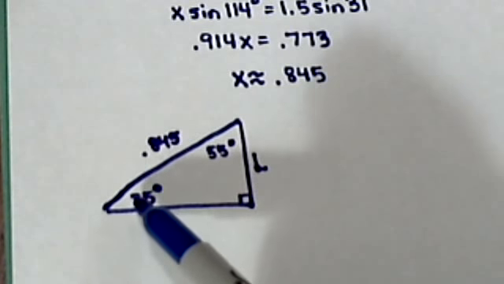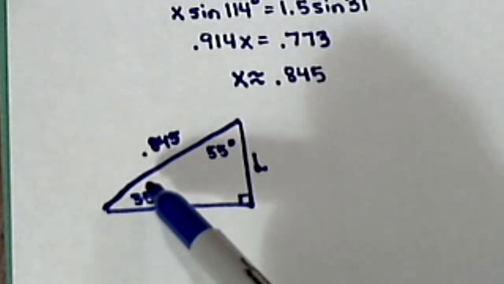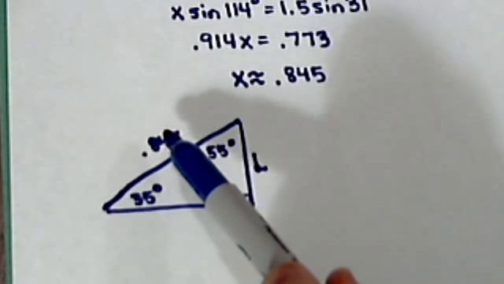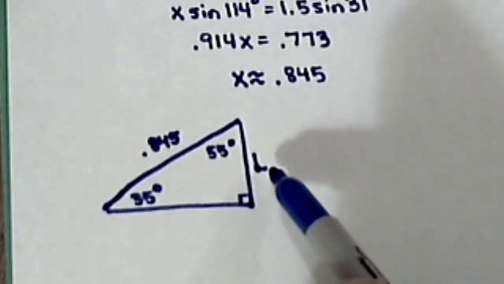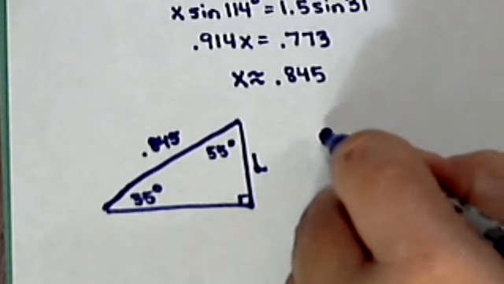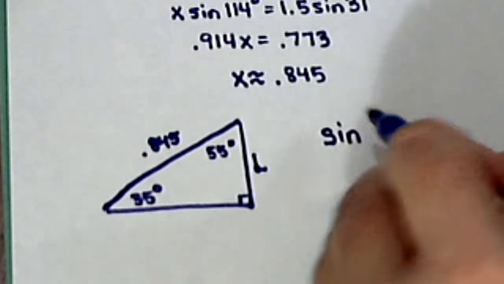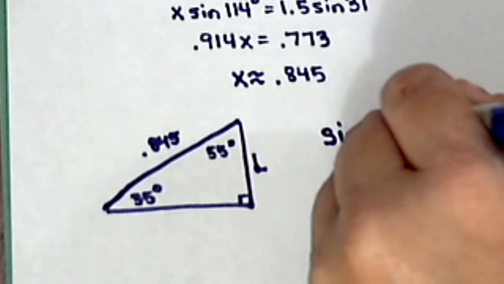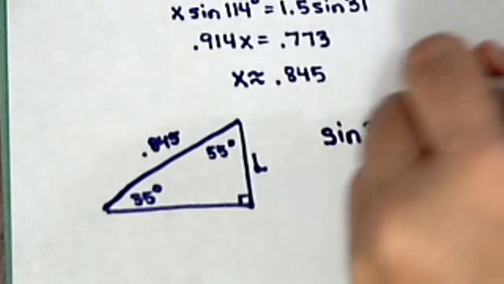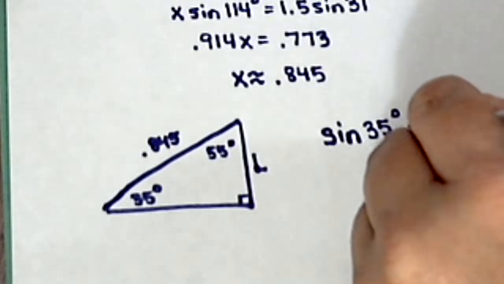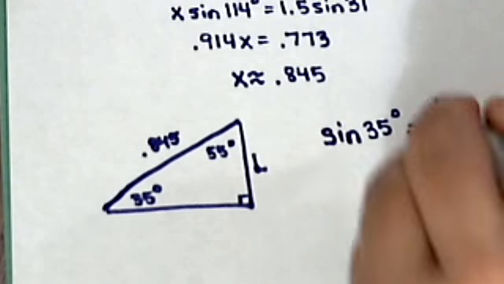So let's see what we have. We've got 35 degree angle here. We've got the opposite, and we've got the hypotenuse. So this is the sine. So we're going to have sine 35 degrees equaling opposite L over hypotenuse, 0.845.